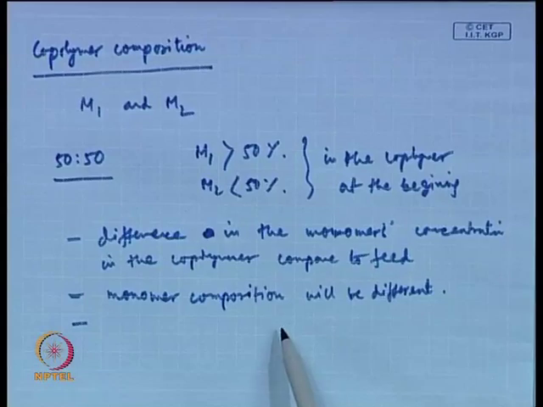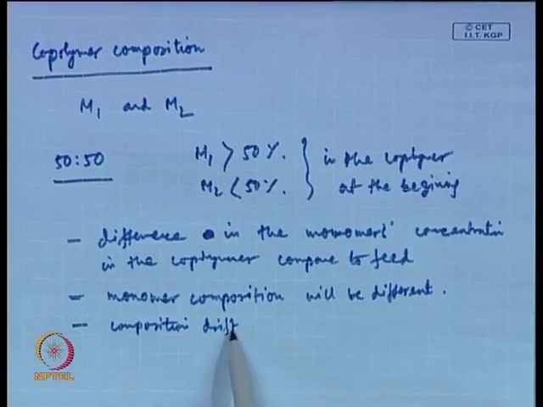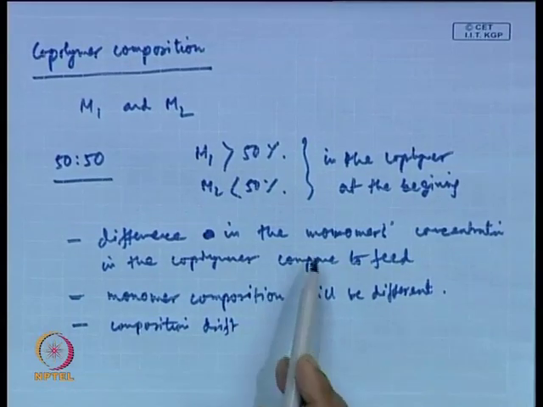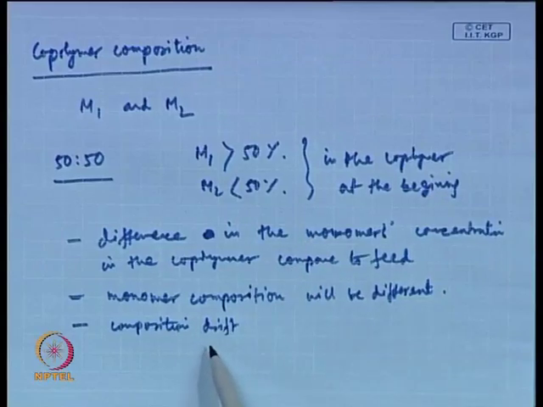So, what we will have? We will have a composition drift, which means the copolymers which form at the beginning will have different composition than the copolymers which are forming at the later part of the copolymerization reaction.